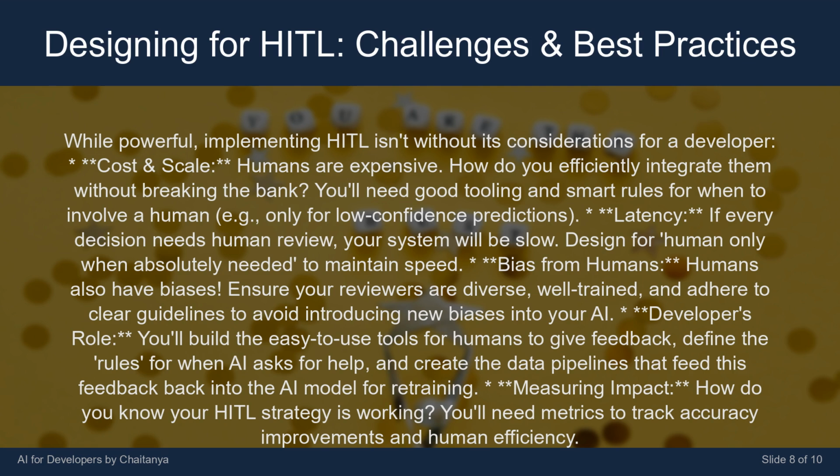If every decision needs human review, your system will be slow. Design for human involvement only when absolutely needed to maintain speed. Bias from humans. Humans also have biases. Ensure your reviewers are diverse, well-trained, and adhere to clear guidelines to avoid introducing new biases into your AI.